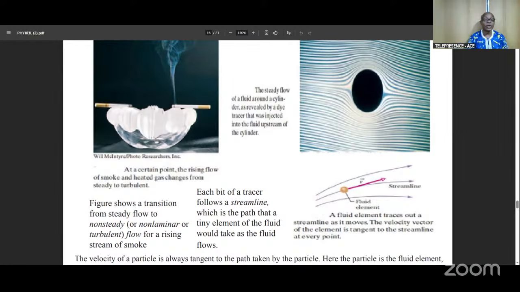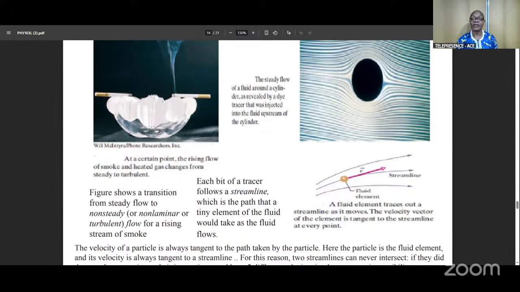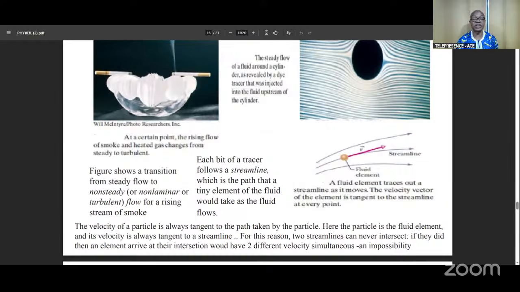A streamline is the path that a tiny element of the fluid will take as the fluid flows. A fluid element traces out a streamline as it moves. The velocity vector of the element is tangent to the streamline at every point. So these are the theoretical bases upon which we can describe the flow of fluid, whether in the case of combustion, or a flowing solar wind, or any other thing that flows.